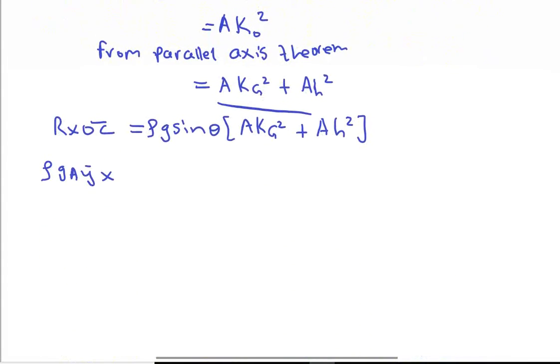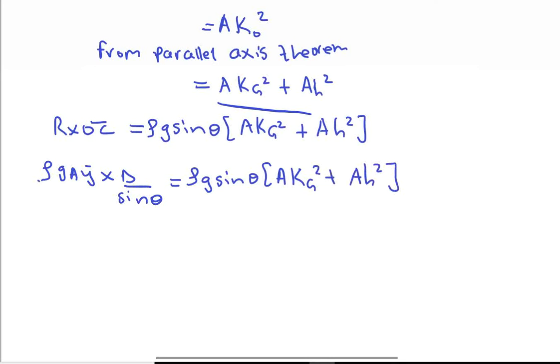So I substitute my OC with D over sine theta, and I have my former equation as that. So I let these cancel each other. My A's will also cancel each other. So I now have y bar equal to that.